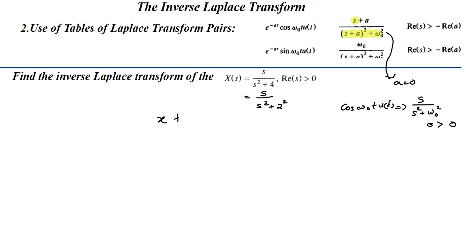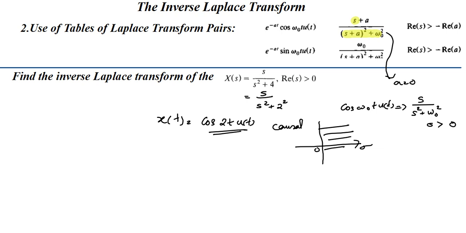So this is the standard form, and we modified the equation, so in place of omega 0 it's 2, so cos 2t into u of t. This is again a causal signal. The ROC is like this, sigma greater than 0, in the s plane, greater than 0.